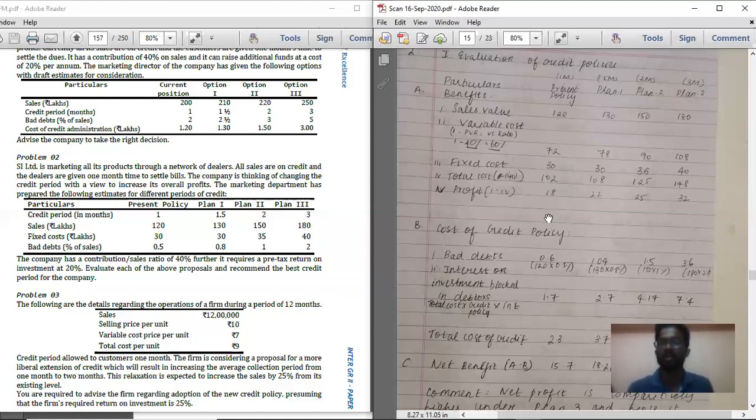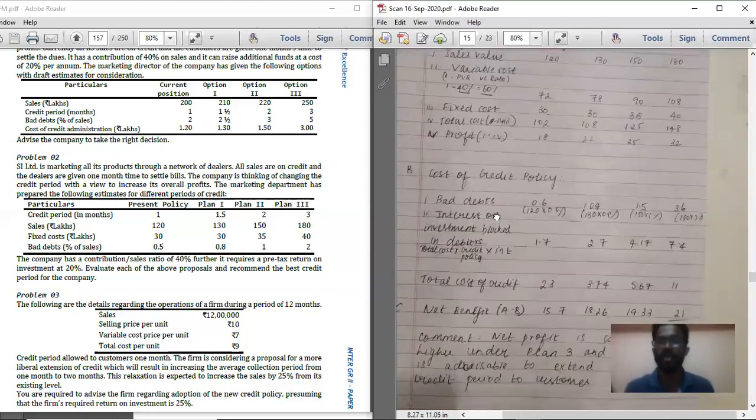For plan 1, 130 minus 108, that is 22. For plan 2, 150 minus 125, that is 25. And for the last column, plan 3, 180 minus 148, that is 32. So profit for each policy is 18, 22, 25, and 32. So we have calculated the benefit derived from each policy.